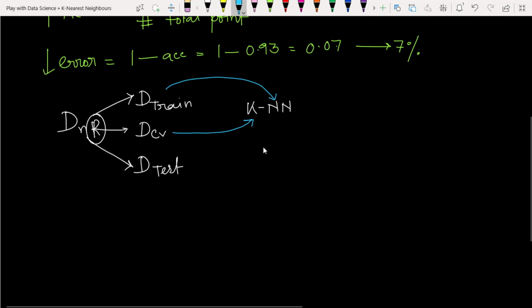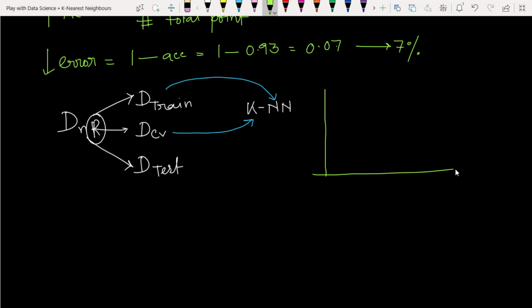Now, how do we determine the best k? If you draw a picture like this, the x-axis is k and the y-axis is the accuracy on the cross validation data.